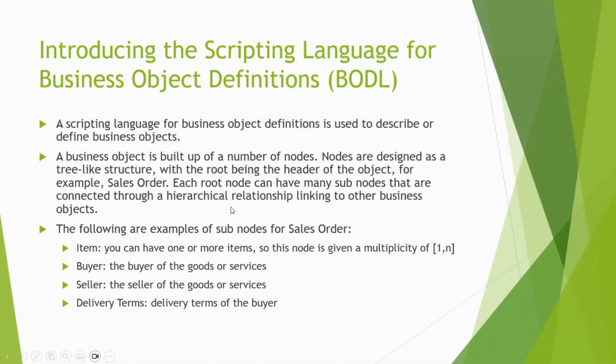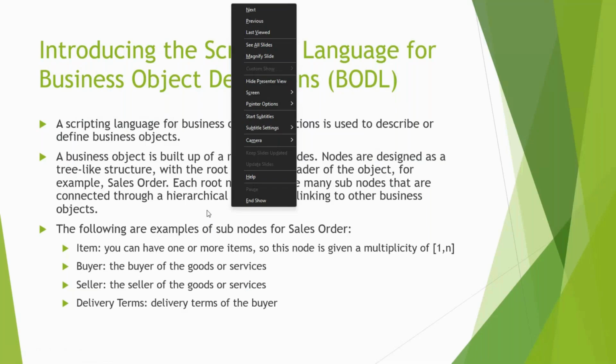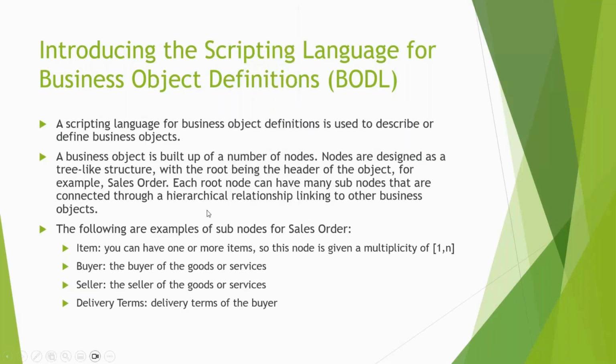We can have one root node, like the customer ID and the things related to the customer, and the addresses, which we have multiple, we can create as a sub node, so it will store multiple details. Similarly, if you take a sales order, we have items, buyer, seller, and delivery terms.